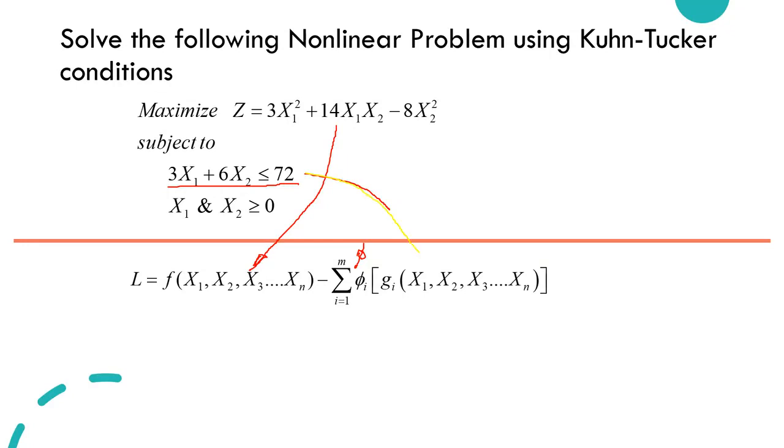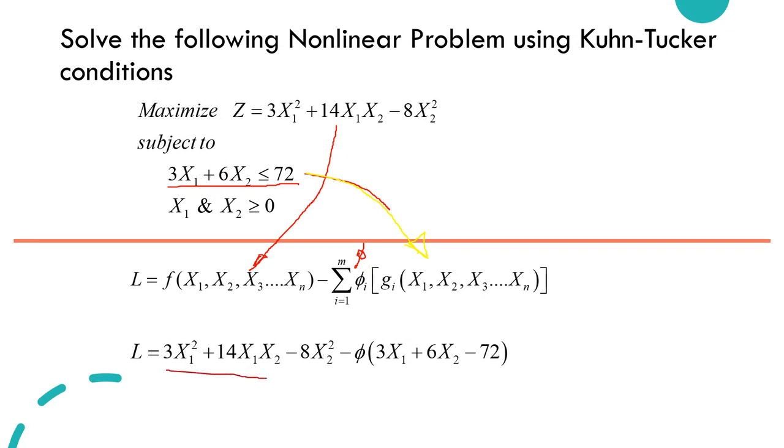The constraint will be written here. Based on this, we can write the equation. So for this problem, the equation will be like this. The first part indicates your objective function minus phi into your constraints.